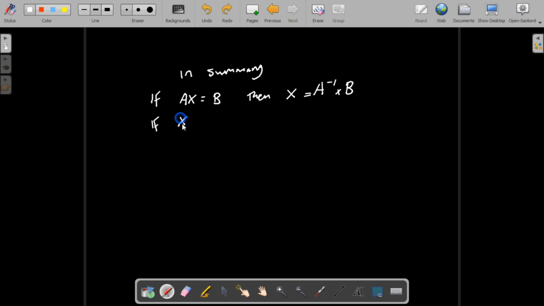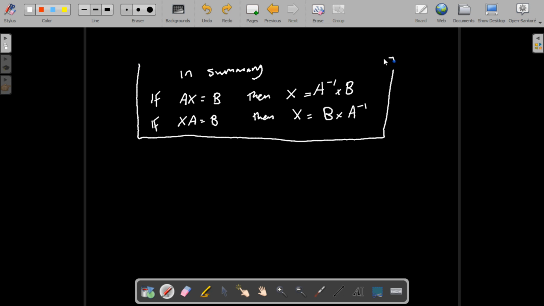If XA equals B, then X equals B times A inverse. So it's the other way around. Two situations: if it's on the left, do the same thing on the left. If it's on the right, do the same thing on the right. That's pretty much all you need to remember.